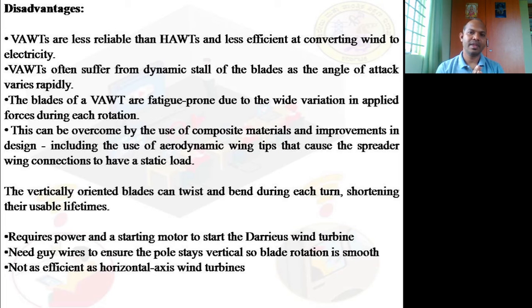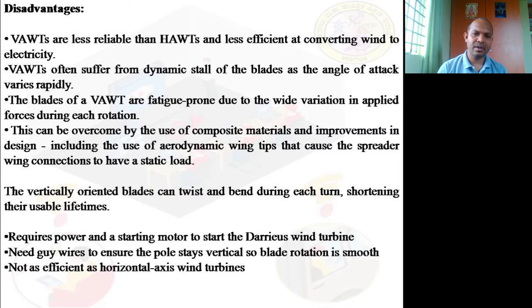They may experience deforming or twisting because it is rotating like this, and it may undergo some bending during each turn, shortening their usable lifetimes. The life of the blades will be reduced by this. That is the major disadvantage of this.